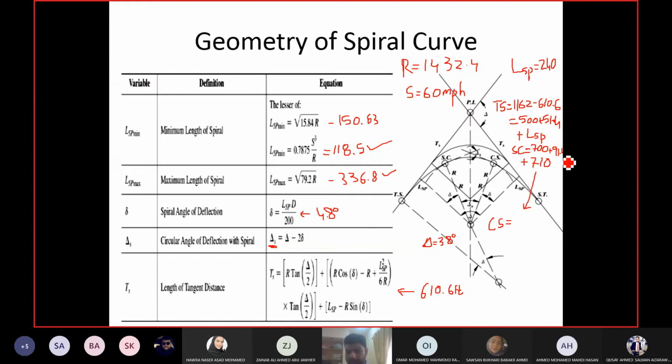The last number is 91.4, keep it in mind. 1,500 plus 1.4.